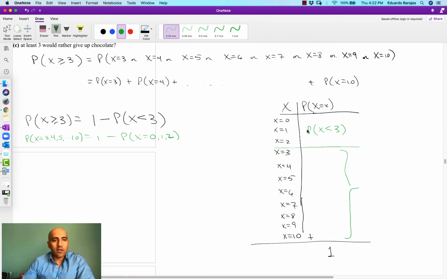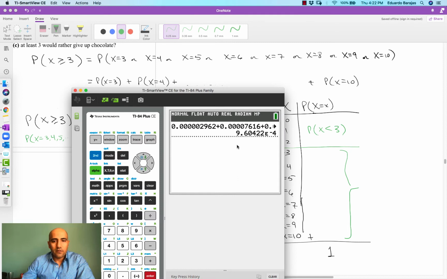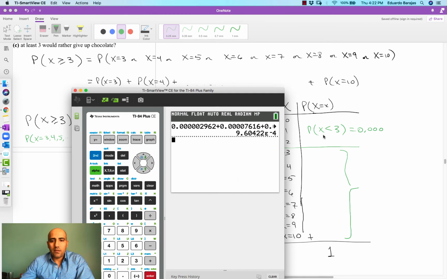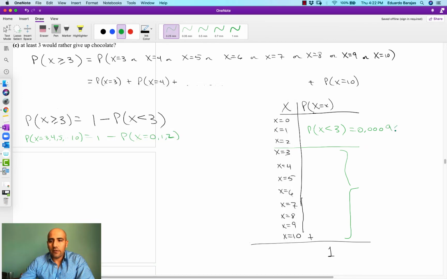This one we already saw from the previous example. In fact, we still have it here. That equals this. The sum of these three was 0.000 and 9604, 9604.